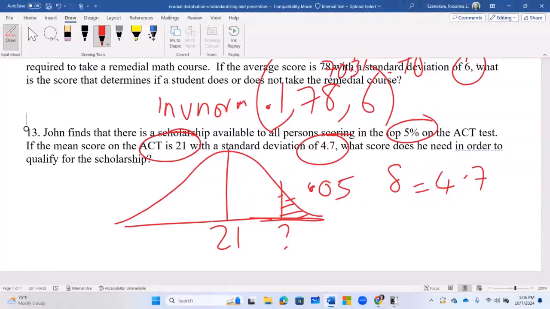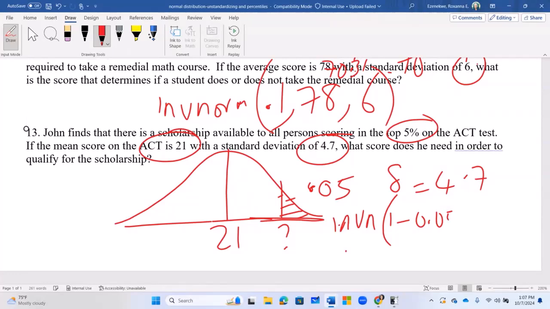Okay, so I'm going to just do inverse norm. This time we are looking for the percentile. So remember, at this point, you are looking for 1 minus. So inverse norm, and then 1 minus the top.